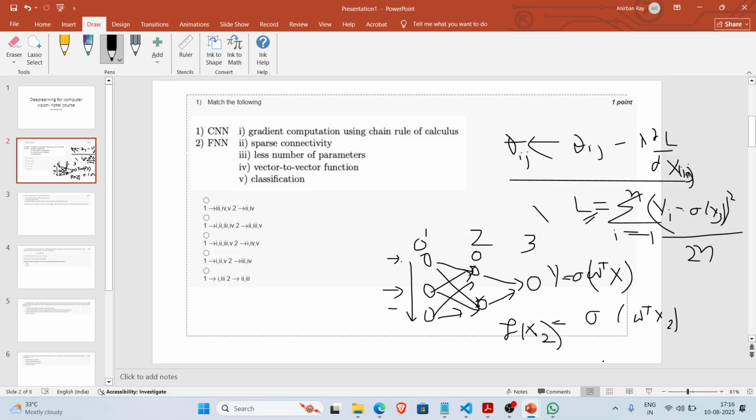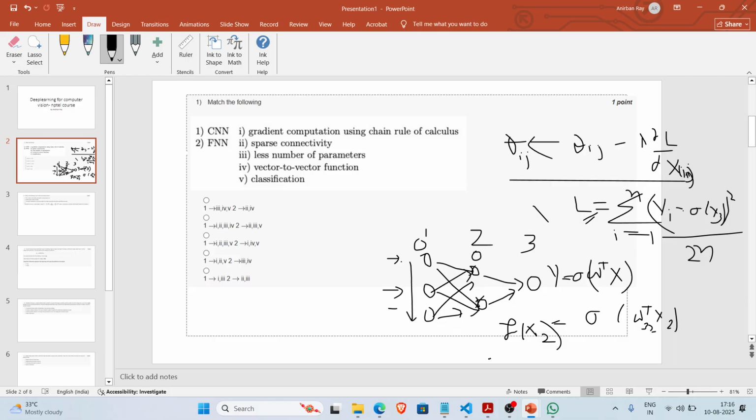And these W's are the weights of this connection, so let's say it is 3, 2, from 2 moving to 3. This is the notation.